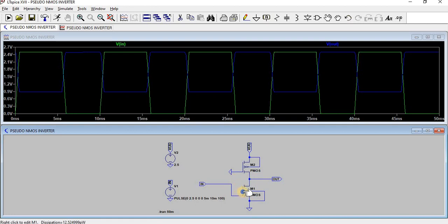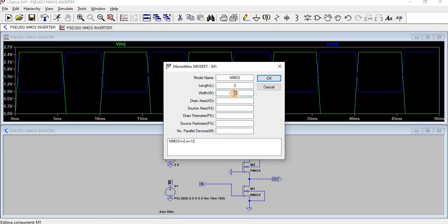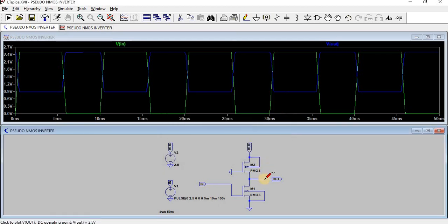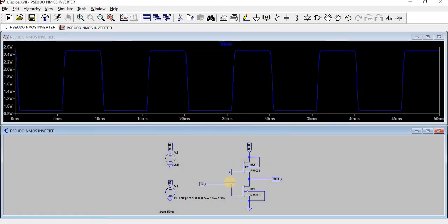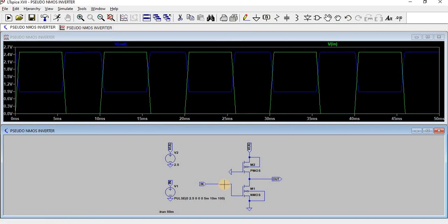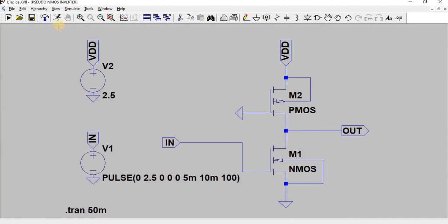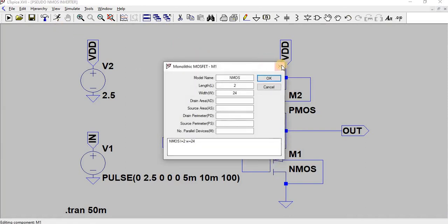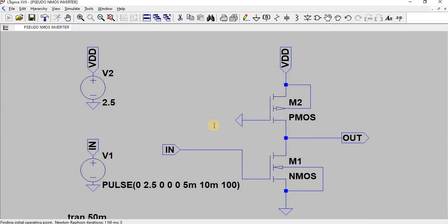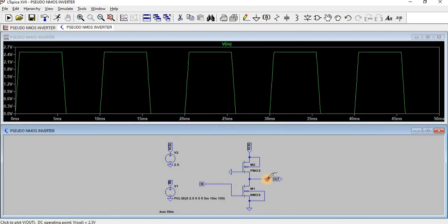Suppose I keep this at 24/2, then you can see the change in the output. I have changed it to 24/2, and here the output is now coming near to 0.